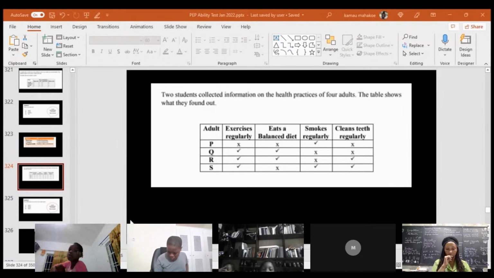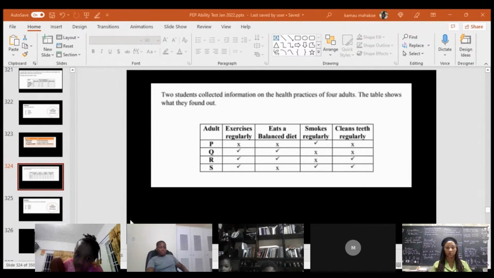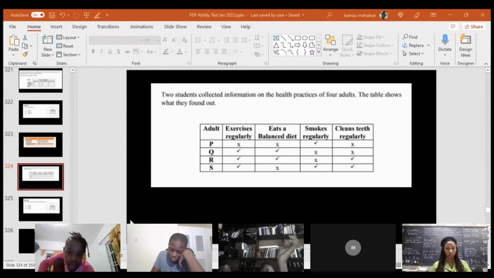Okay. Two students collected information on the health practices of four adults. The table shows what they found out. Adult P. Exercises regularly: No. Eat a balanced diet: No. Smokes regularly: Yes. Cleans teeth regularly: No. Q. Exercises regularly: Yes. Eat a balanced diet: Yes.